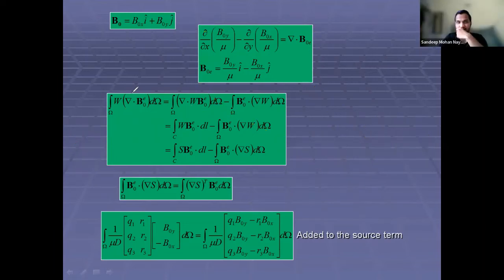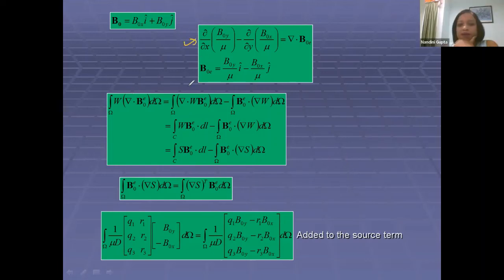No, ma'am. Del dot. You told del dot B naught E is equal to 1 upon mu del cross B naught. So del dot B naught E. This one. Yes. No. Why should it be? It is B naught cross B. See, B naught is B naught X i plus B naught Y j. And when I take curl of B naught, I get, oh, yes, this is a scalar quantity.